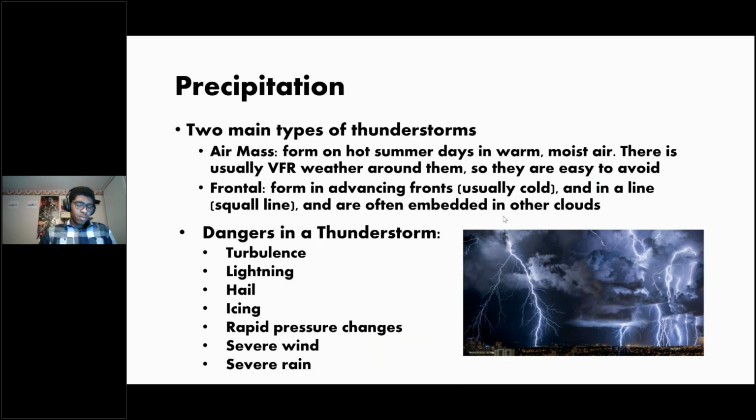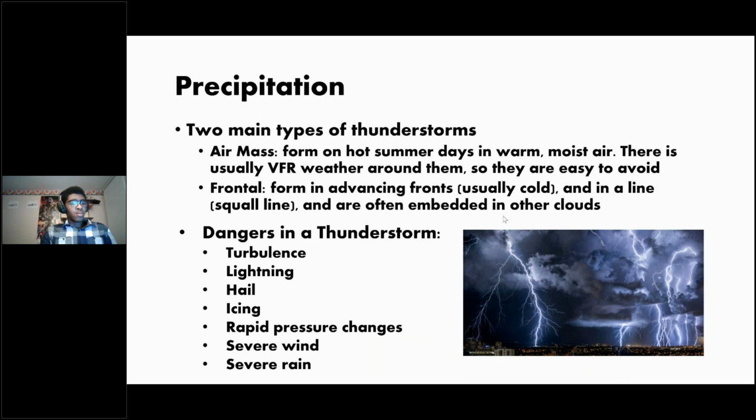The second type of thunderstorm is a frontal thunderstorm. You'll remember before the break when we talked about squall lines in an advancing front, usually a cold front, right? The reason for that is because you have a very long extended area of very sudden change in moisture and temperature, right? That obviously means instability, which is one of the requirements for a thunderstorm.